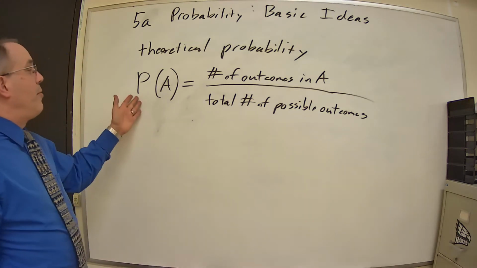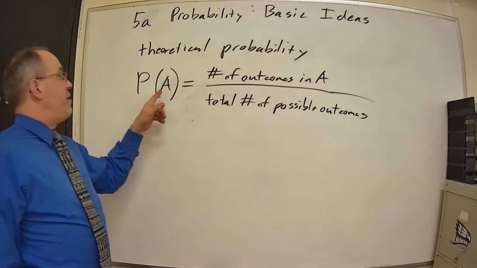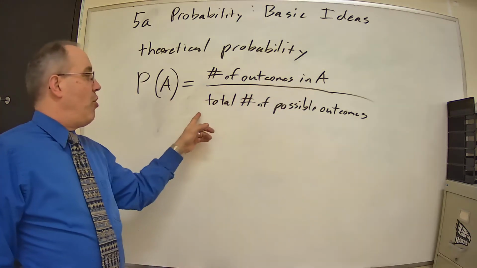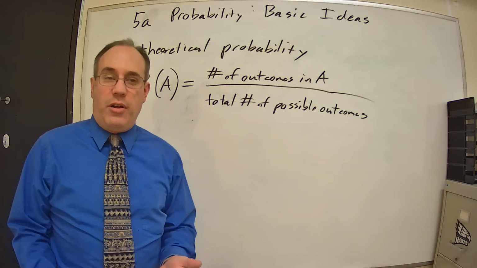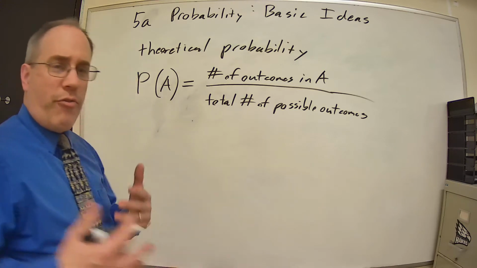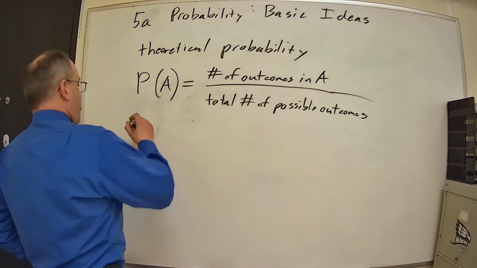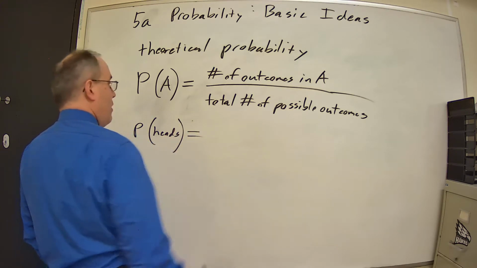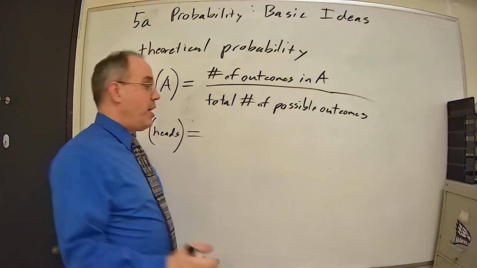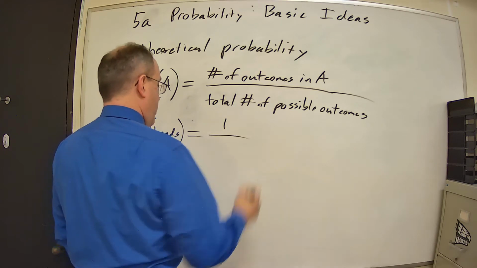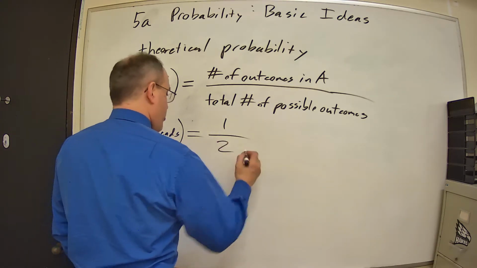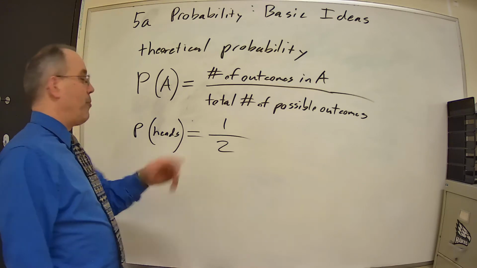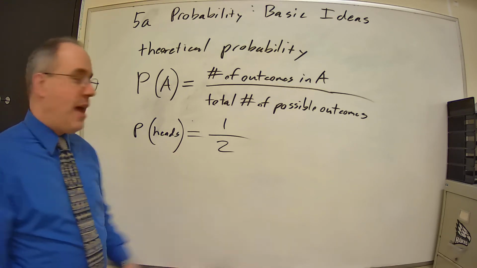So if I'm talking about flipping a coin, the theoretical probability of getting heads is there's one way to get heads on a coin out of two possible outcomes, heads or tails. So the probability of getting heads is 1/2.